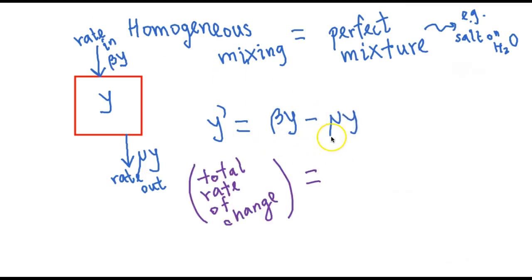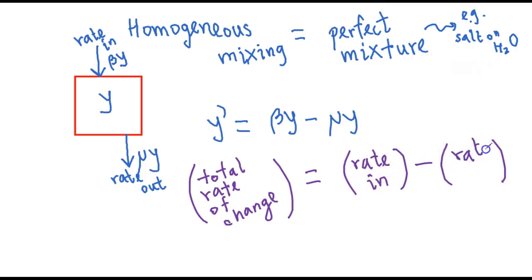So really what we mean by writing equations of this type is that the total rate of change is the result of considering the rate in minus the rate out, in other words, the gains minus the losses.